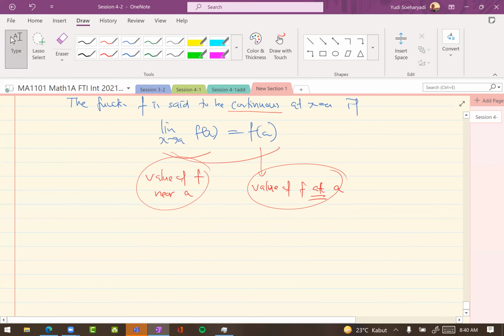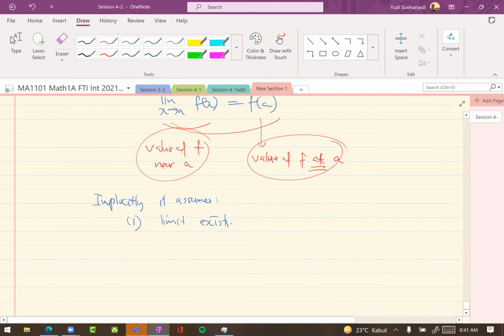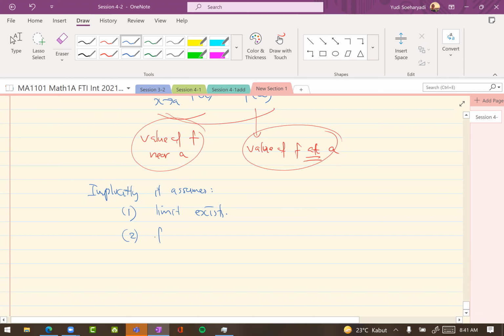Implicitly, it assumes one thing: first, that the limit exists; second, f is defined at a; and third, they are the same.